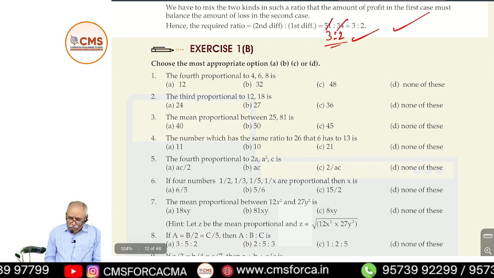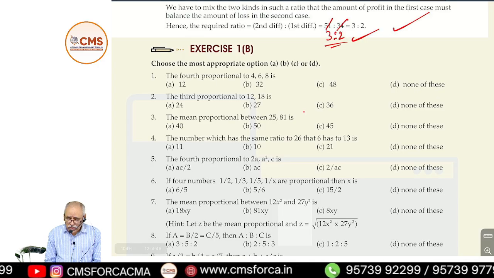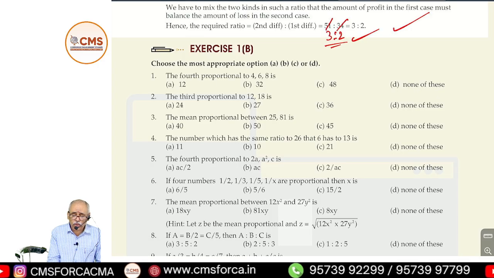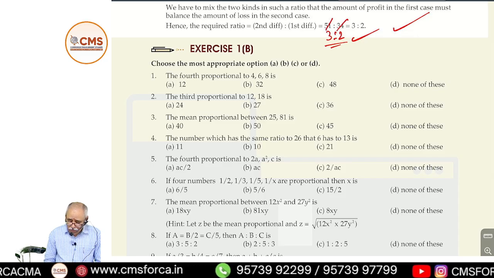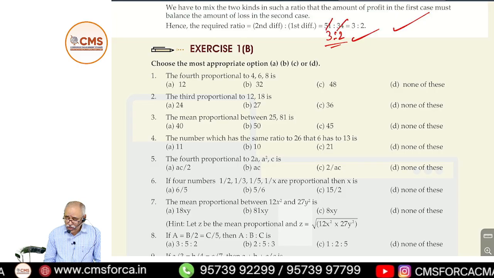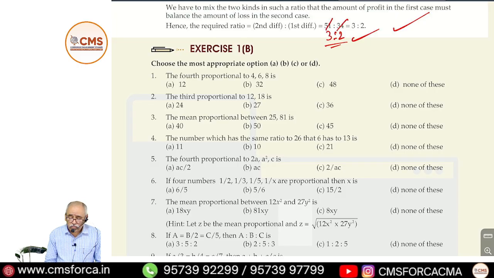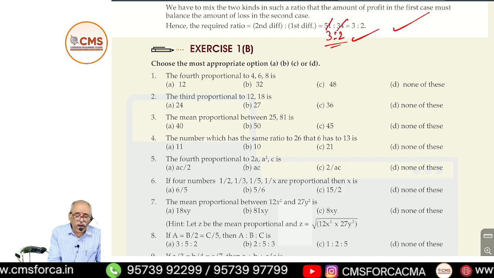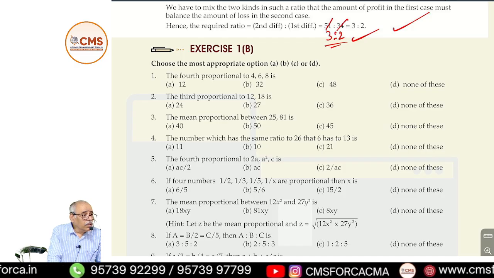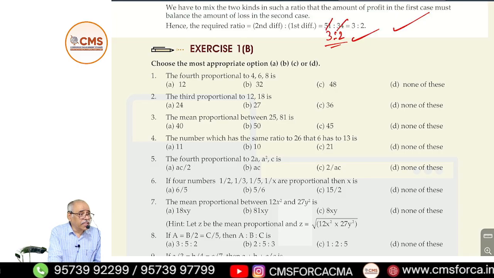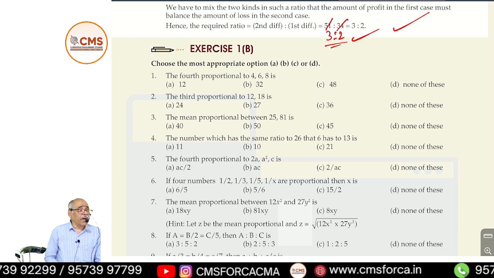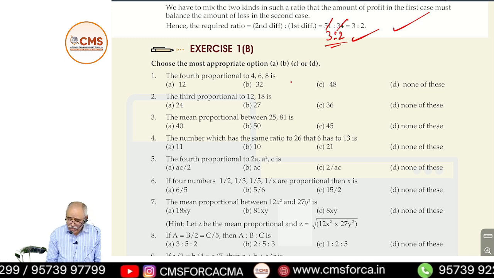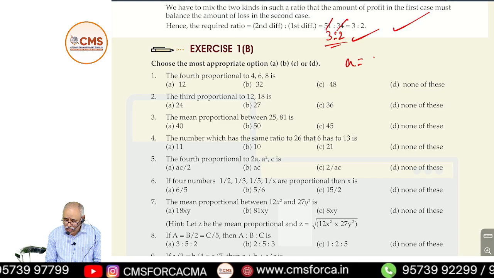The fourth proportional to 4, 6, 8. What is fourth proportional? How will you find it? The formula: AD is equal to BC, so D is equal to BC by A. What is A here? 4.